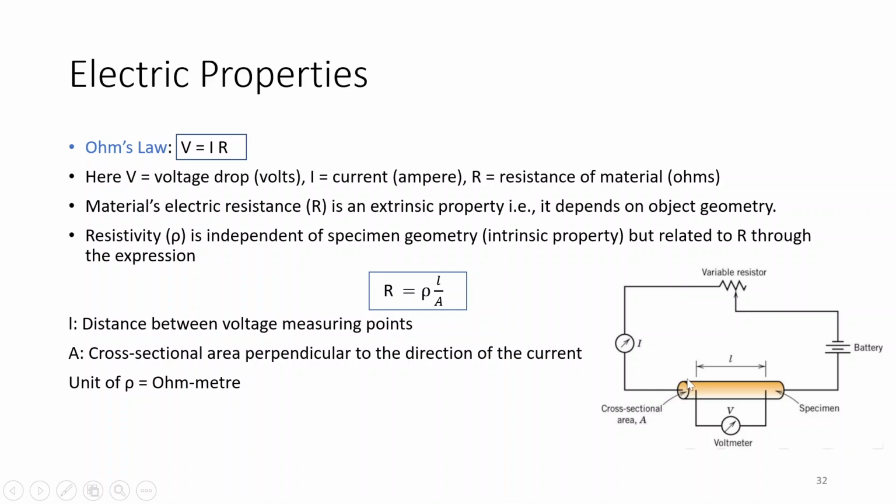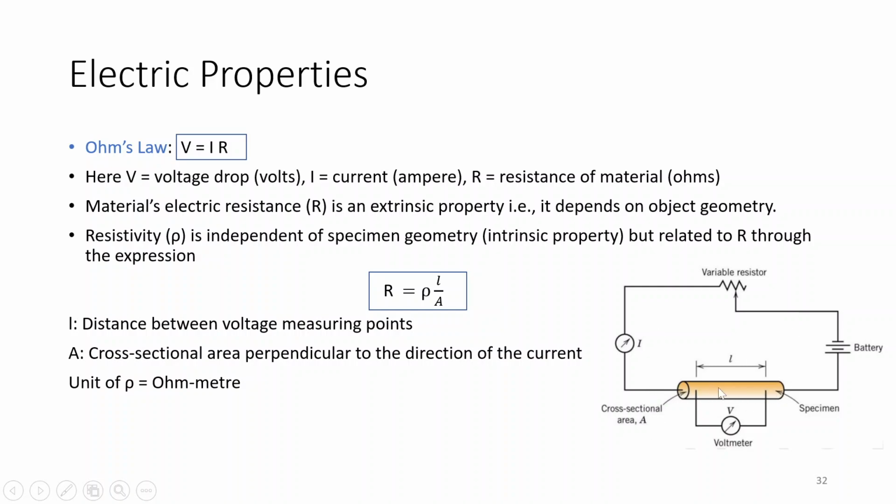For example, if you're taking a wire, the wire's cross section will be pi r square. So A is the cross sectional area perpendicular to the direction of the current. Unit of resistivity will be ohm meter.